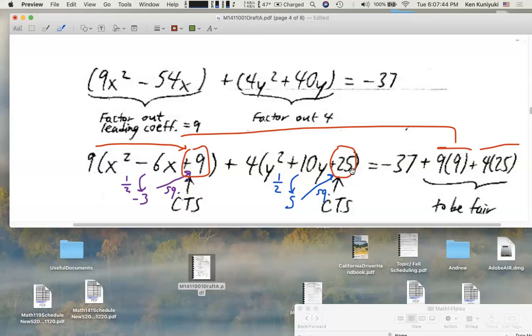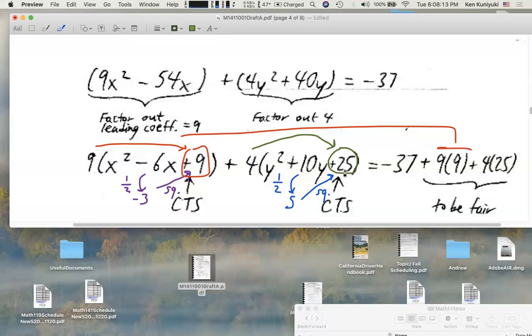Likewise, over here, I'll put this in green, let's say. Okay, the plus 25. When we insert the plus 25 in here, are we really just adding 25 to the left side? No, because there's a 4 out here, right? When we insert the plus 25, the 4 distributes in and hits the 25.